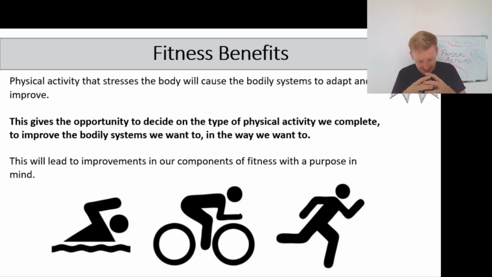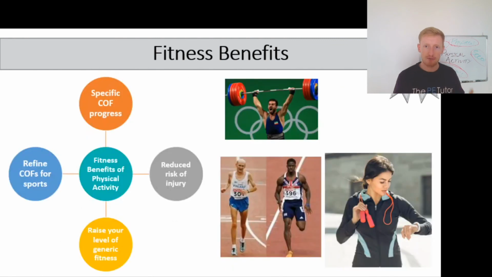And it's that selection which develops certain components of fitness, which we then use in our championed one, in our sport, our team sport, or our fitness goal in the gym.